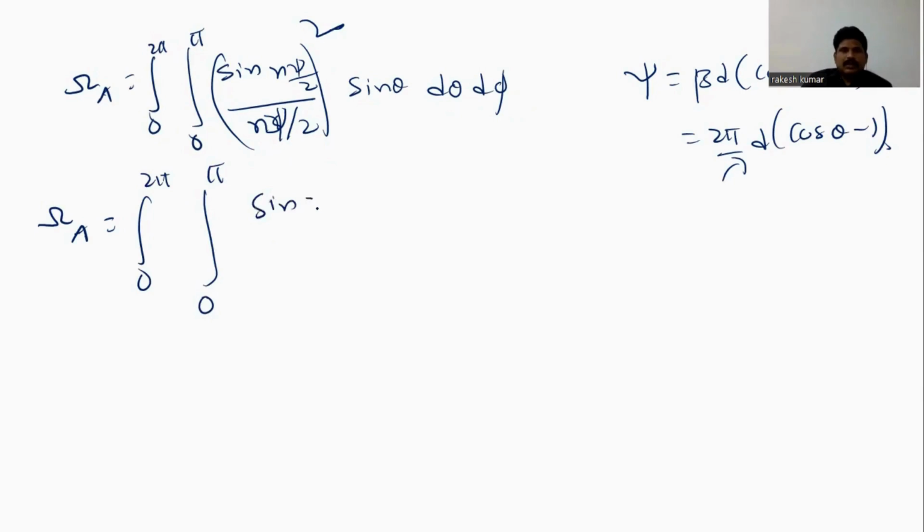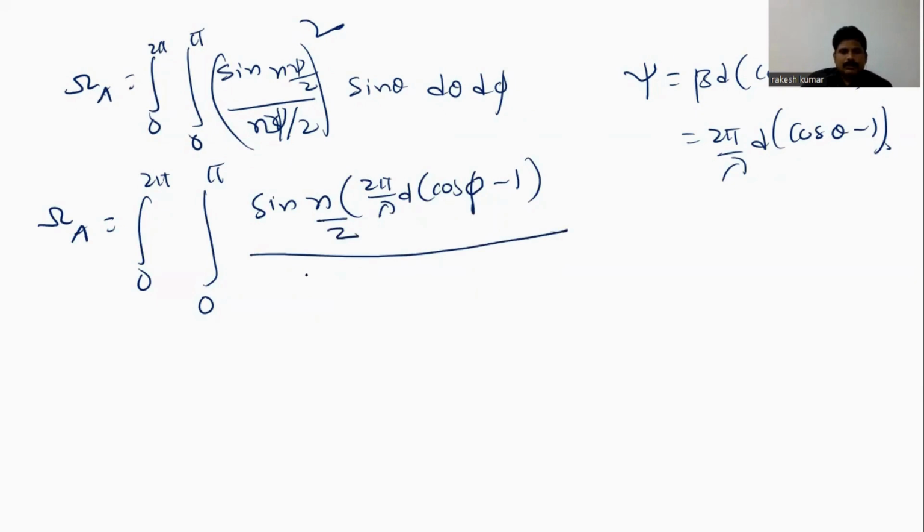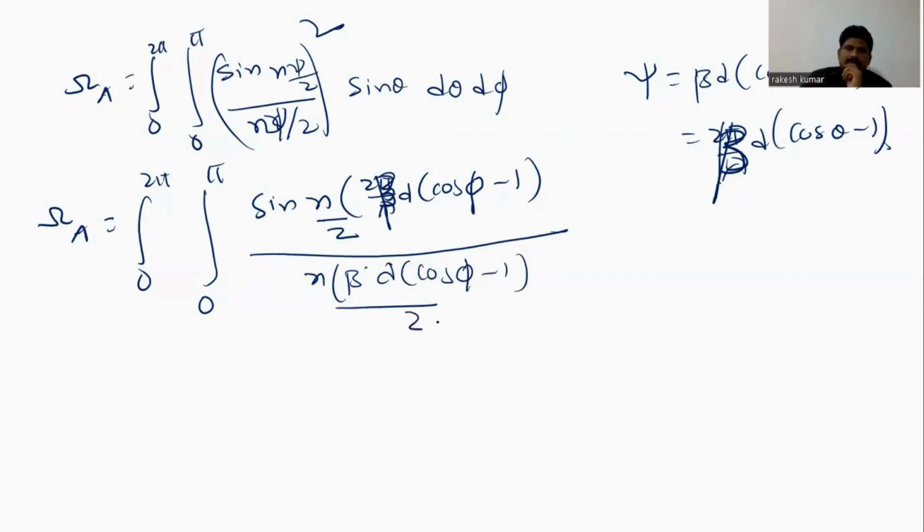So that is sin of n into beta d cos psi minus 1 by 2, by n into... we will directly substitute here beta d, so that is (pi minus 1 by 2) whole square into sin theta d theta d phi.